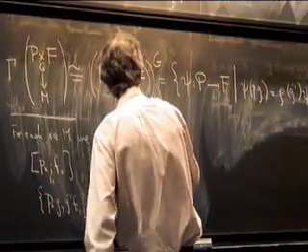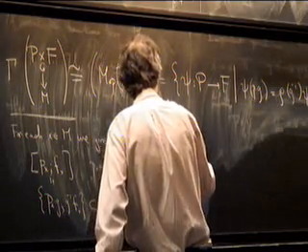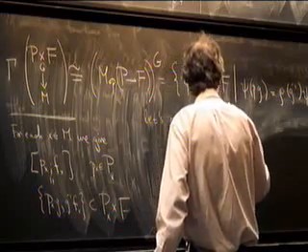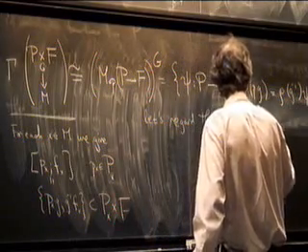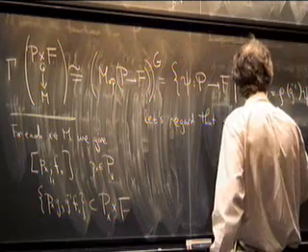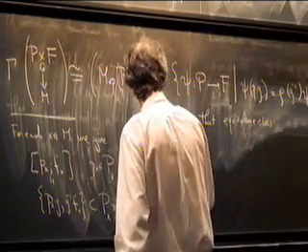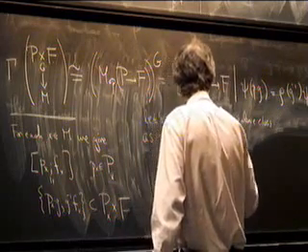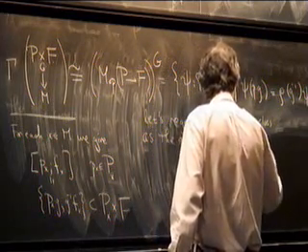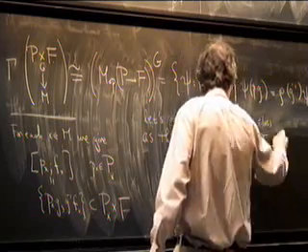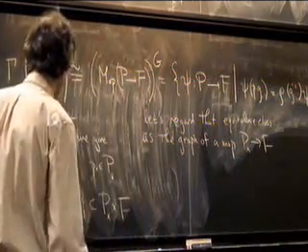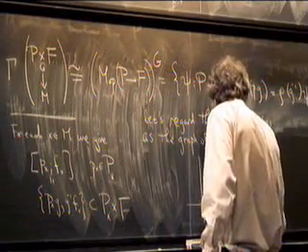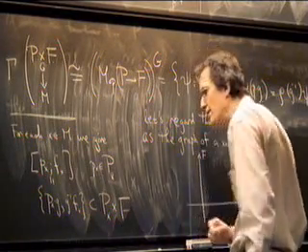Let's regard that equivalence class as the graph of a map from P_x to F. In other words, you have P_x here, you have F here.